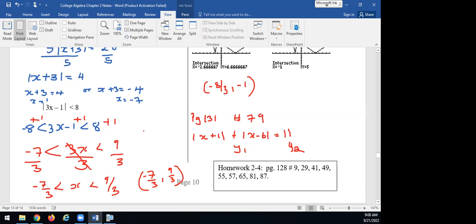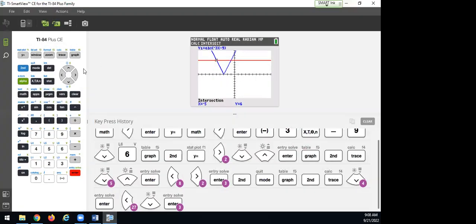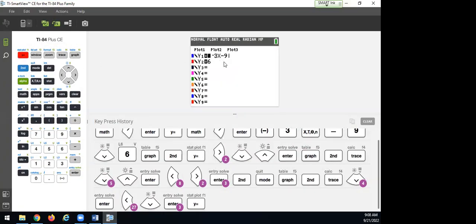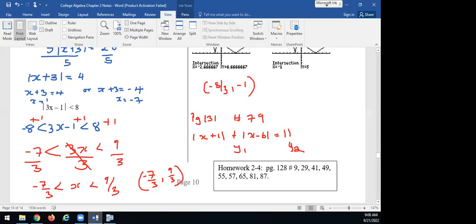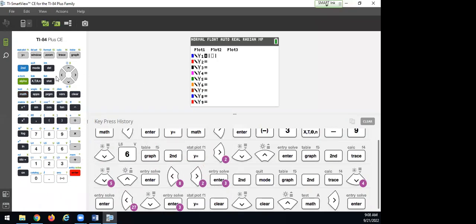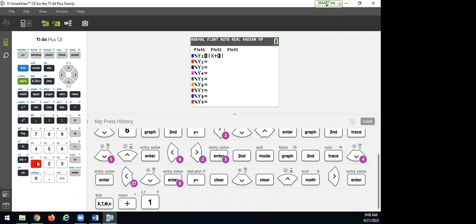Yeah, sure. So go to your calculator, go to y equal, and let's clear out what we have there before. And then we're going to go to absolute value, so math, number, absolute value, and x plus 1. And then go out and put a plus, and then insert another absolute value.